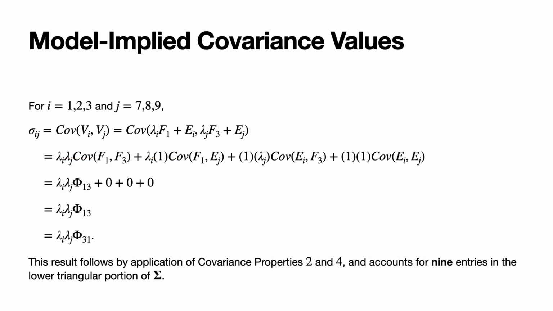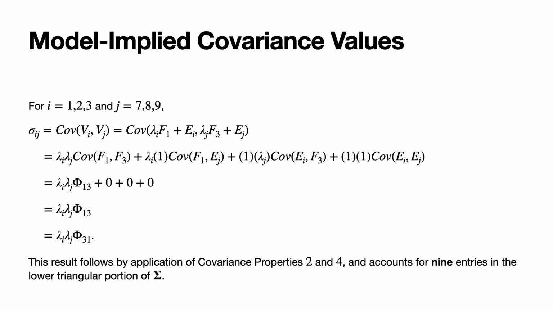Continuing on, we'll again let i range from 1 to 3, and in this case, j is going to go from 7 to 9. So in this case, sigma sub ij, which is the covariance of v sub i and v sub j, is equal to the covariance of lambda sub i times f1 plus e sub i with lambda sub j times f3 plus e sub j.